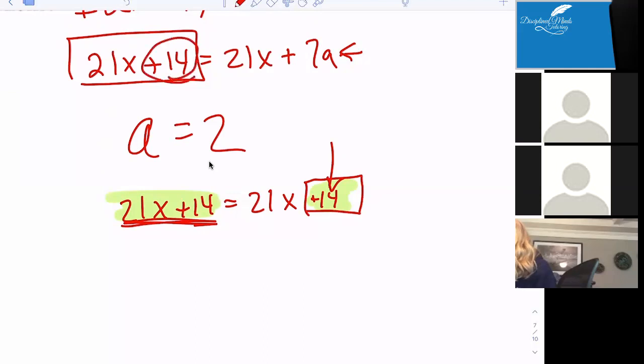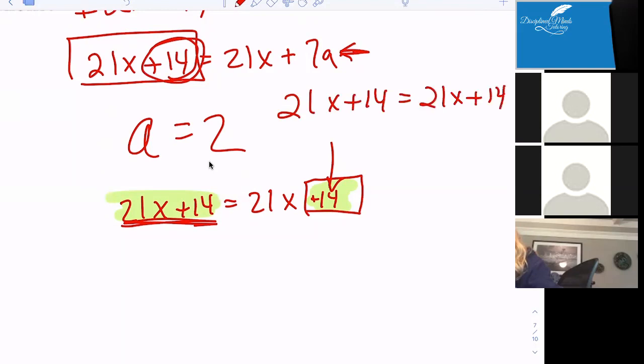I need it to be a 14. So what does A have to be? 2. Why does it have to be a 2? Because 7 times 2 is what? So the only thing 21x plus 14, if it's going to be an identity, has to be 21x plus 14. Right?